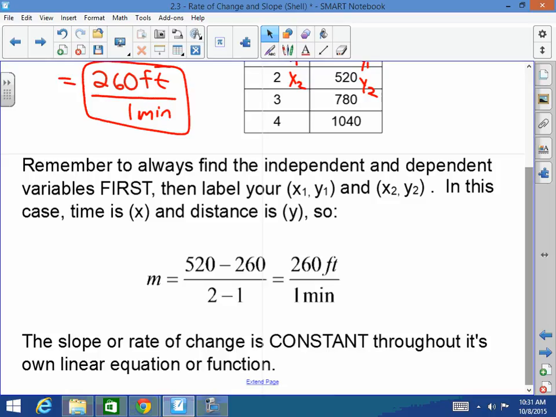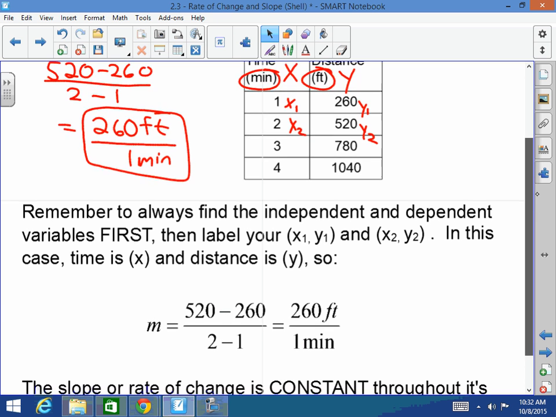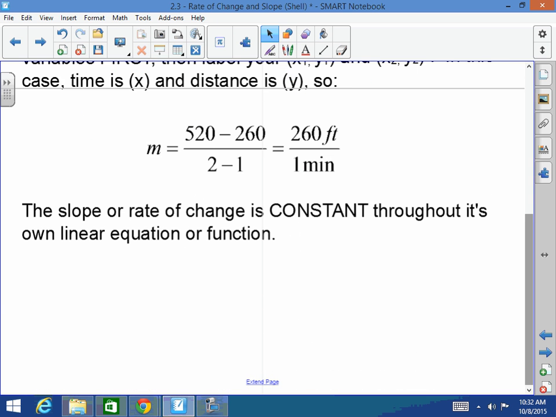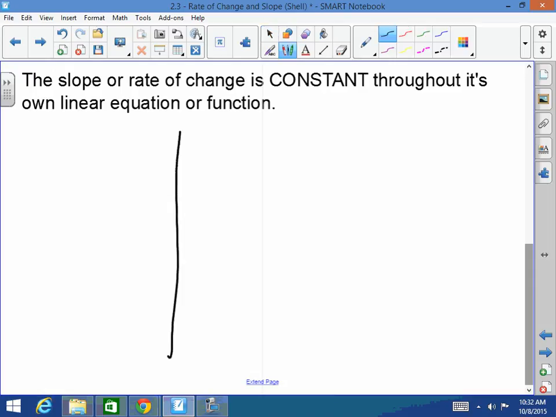Remember, the slope or rate of change is constant throughout its own linear equation. Now, if it was something nice and easy like this, yes, almost anyone can figure that out. But what if I were to do this to you? Let's say this is x in minutes, and this is y, let's say yards, and then I give you some numbers.